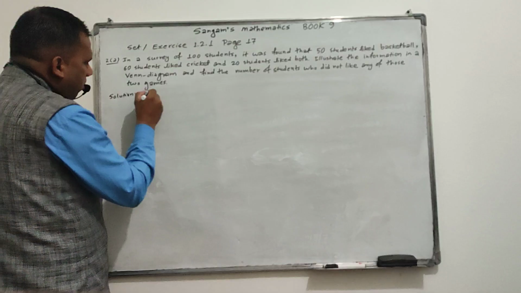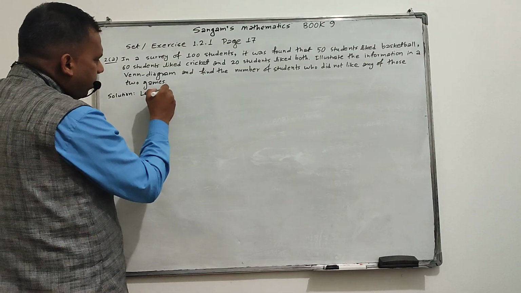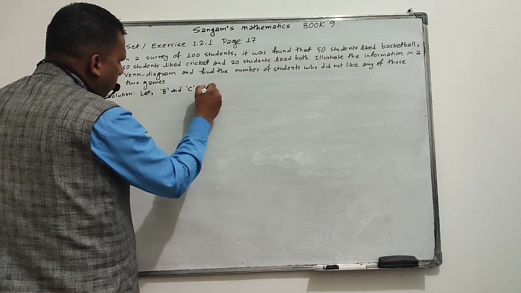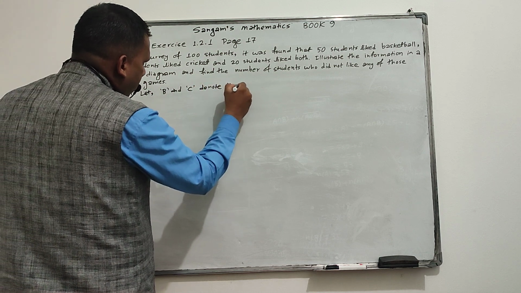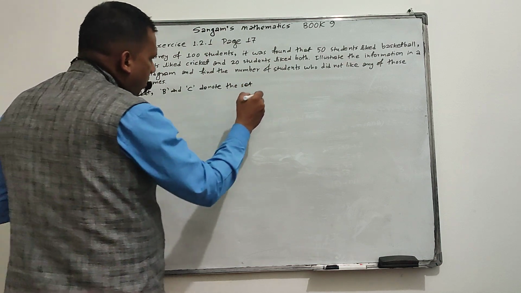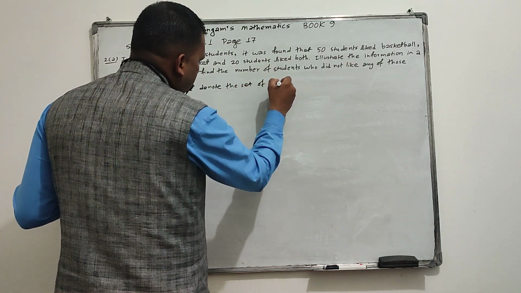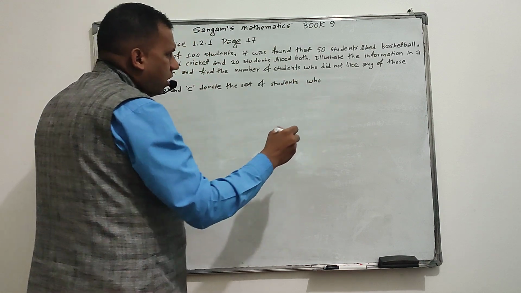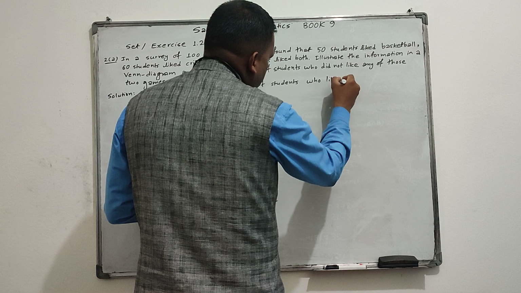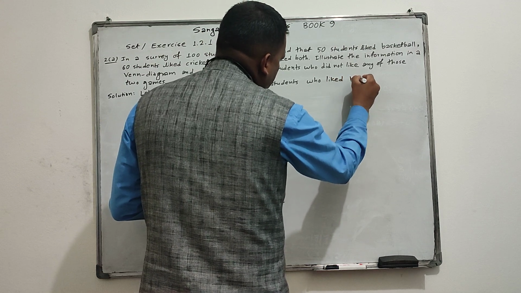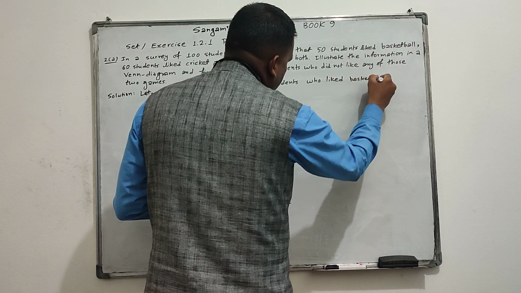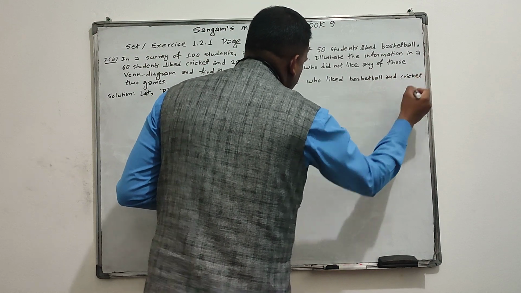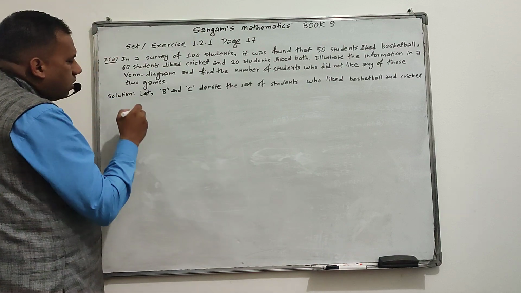Let B and C denote the set of students who liked basketball and cricket respectively.